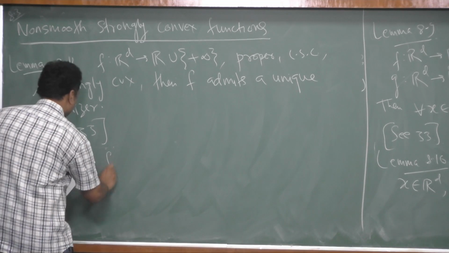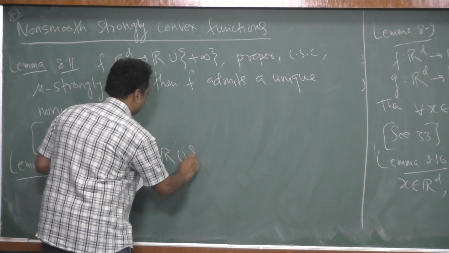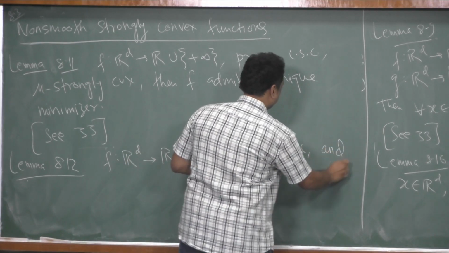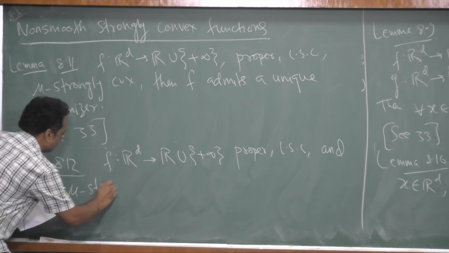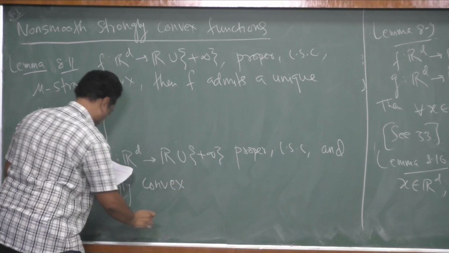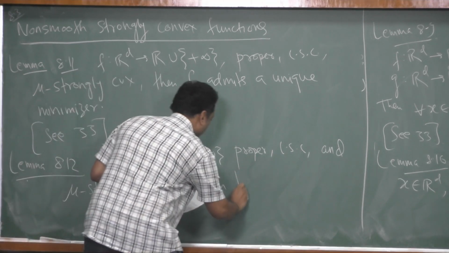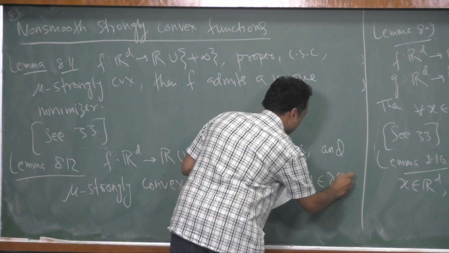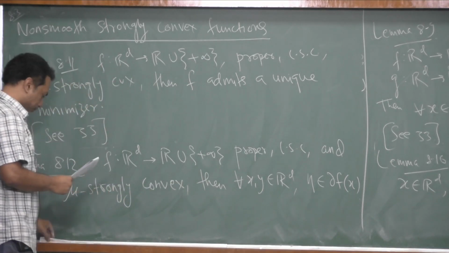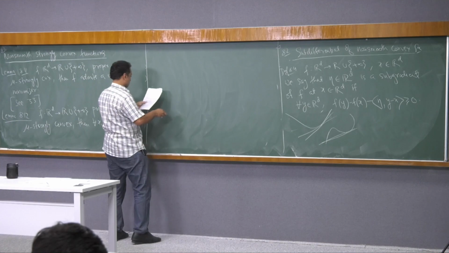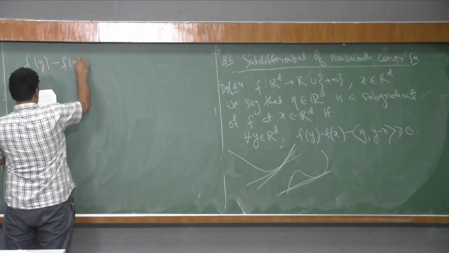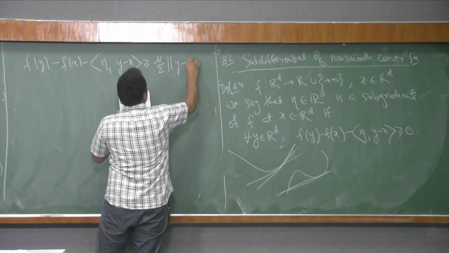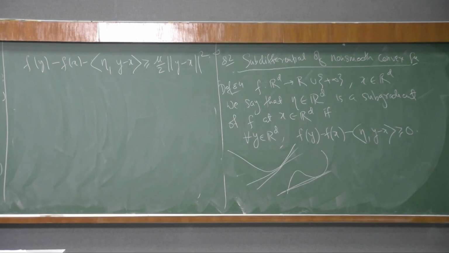This will give us an inequality. f from R^d to R union plus infinity, proper, LSC and mu strongly convex, then for all x, y in R^d and eta in the subdifferential of f at x, we have the following inequality: f(y) minus f(x) minus eta times (y minus x) is greater than or equal to mu by 2 times norm of (y minus x) squared.